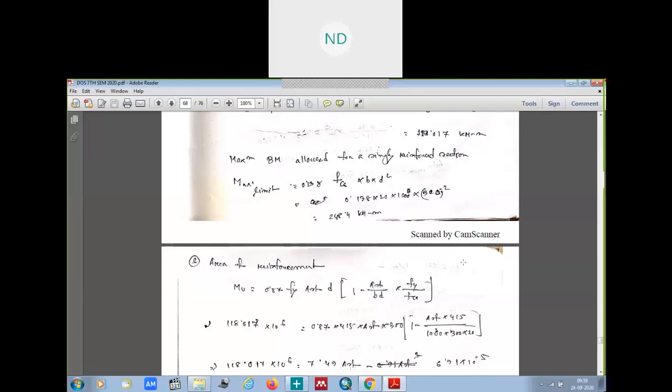Since we are considering it, we can take it to be somewhat more, so 311 we can take to be 320 or 325, whatever you want, the depth of the waist slab, for finding this maximum bending moment which is to be allowed.